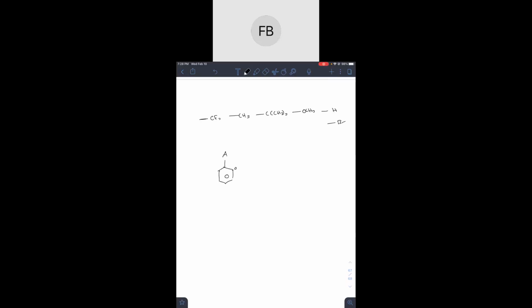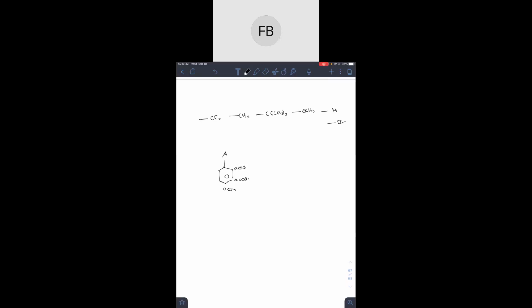The first one is a benzene ring that has a functional group A on it. The ortho position is 0.003. The meta position is 0.001. And the para position is 0.004. So when we look at this, it is not a very activating group.